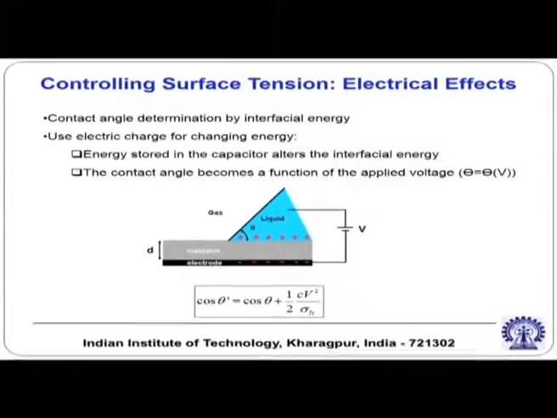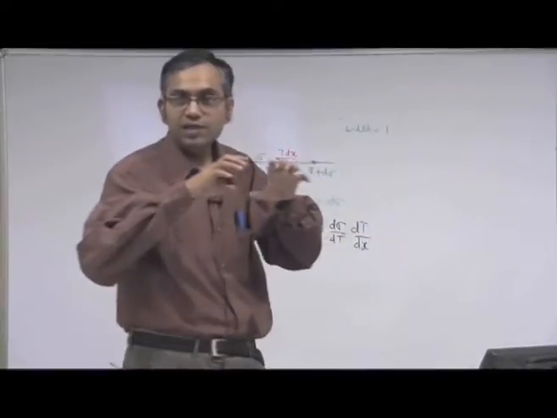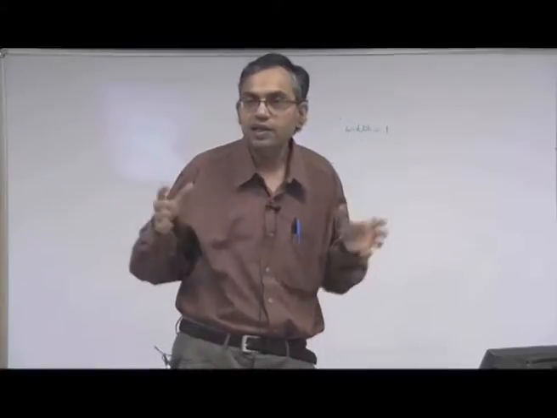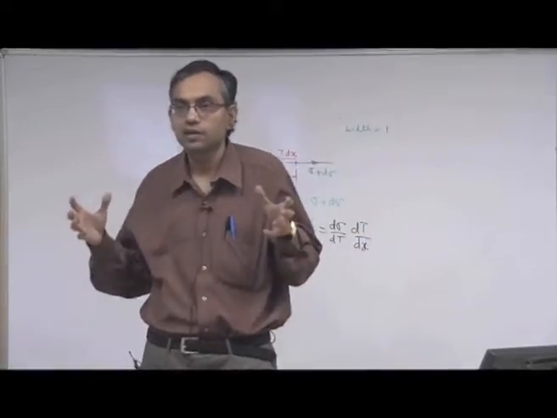So it does not matter whether it is a positive bias or a negative bias, ultimately you will get the same effect provided the magnitude is the same. That means cos theta prime is always greater than cos theta, that means theta prime is less than theta. That means when there is a droplet it is becoming more wetting as the voltage is applied, which is why this process is called electrowetting.